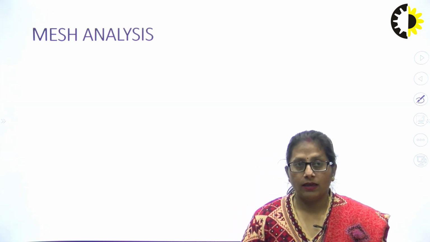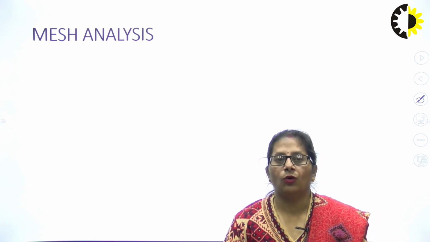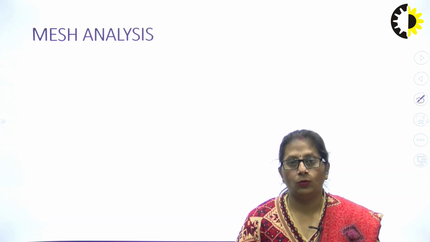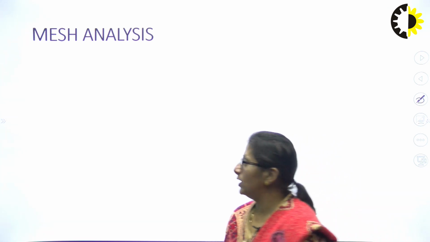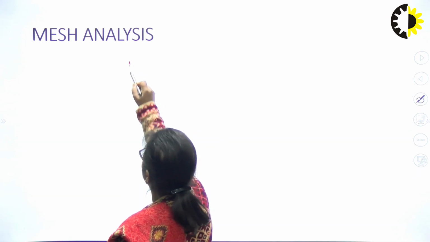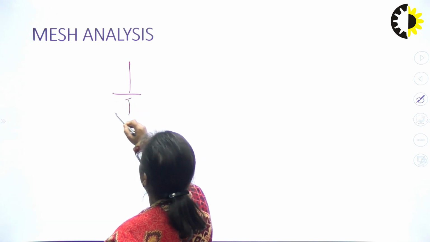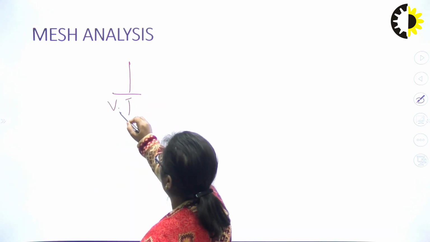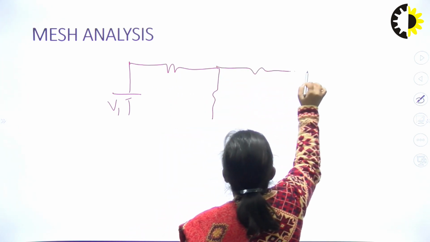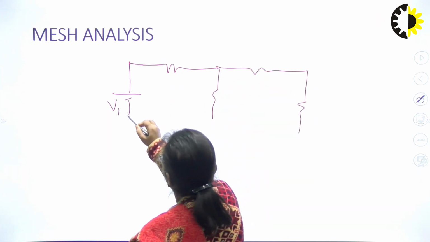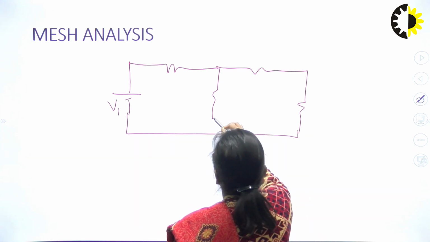So, how to proceed with mesh analysis? How to go for the equations of mesh analysis? Let us consider a DC circuit having a voltage source V1, and resistances.